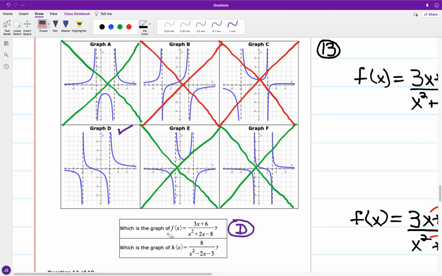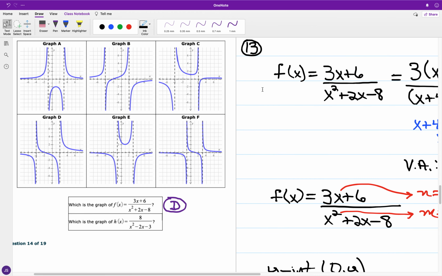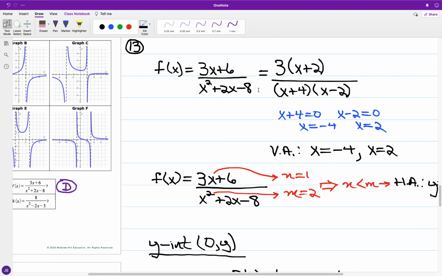All right, now in the case of h of x, hitting the reset button, we have h of x equals 8 over x squared minus 2x minus 3.